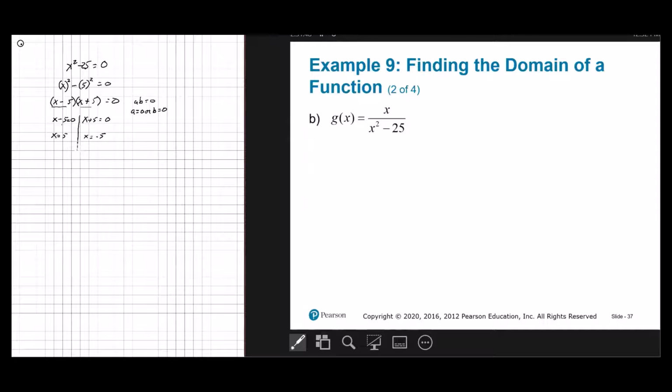So for my domain, x cannot be 5, because that'll make this equal to 0, and we don't want that. And x cannot be equal to negative 5, because if I put negative 5 in for x, I'll still get 25 minus 25, which is 0. Any questions?